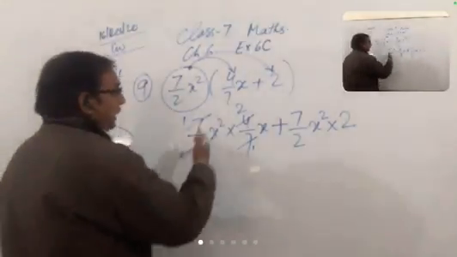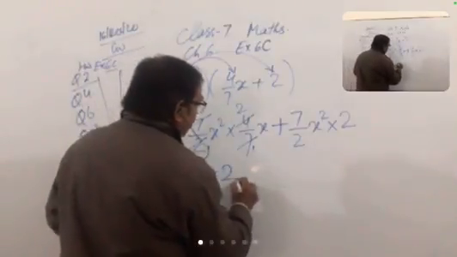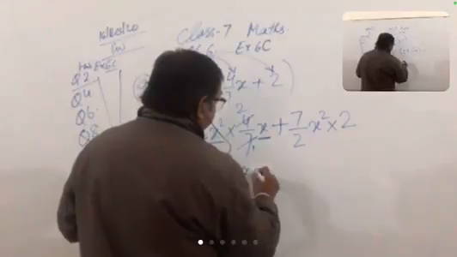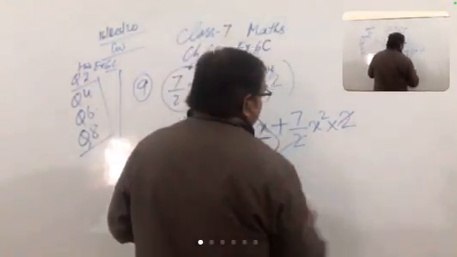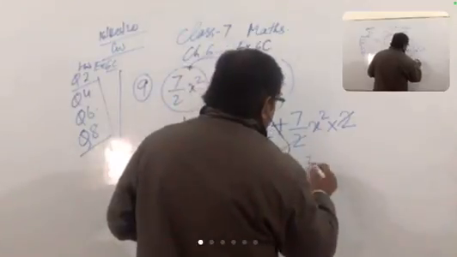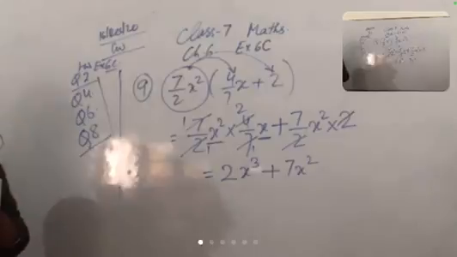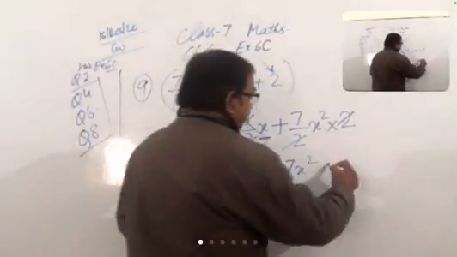So the rest number is equal to 2. Now this is x square and x, so it will be x with the power 3, plus 2 and 2 is cancelled. Now this is 7x square. 2x cube plus 7x square is the answer.